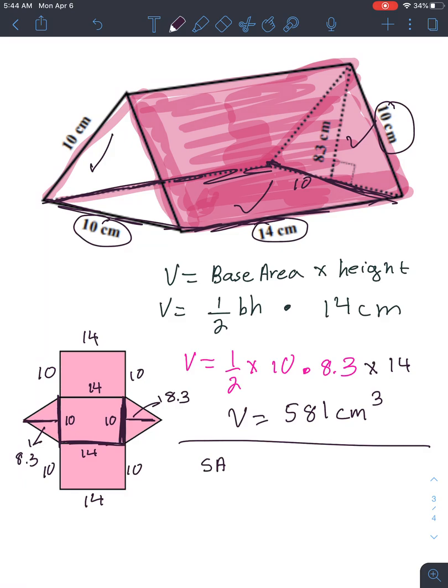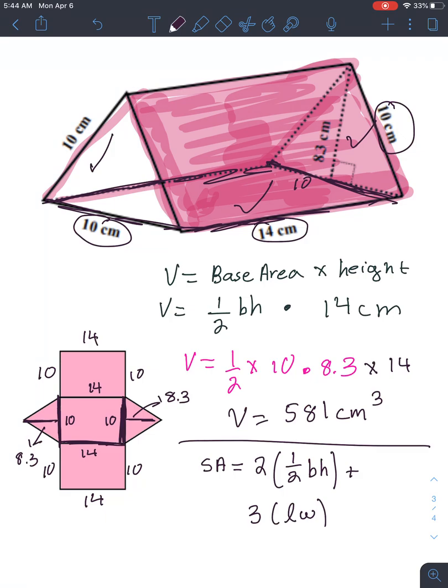So to calculate this, the surface area equals, we have 2 triangles. So we're going to multiply that by 1/2 base times height, plus 3 rectangles times length times width. So once again, it depends on your scenario.